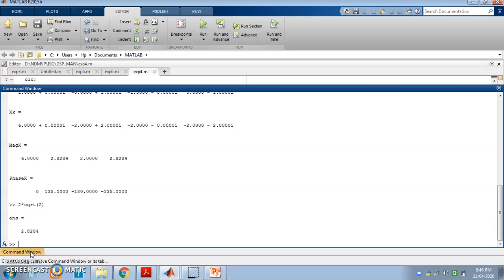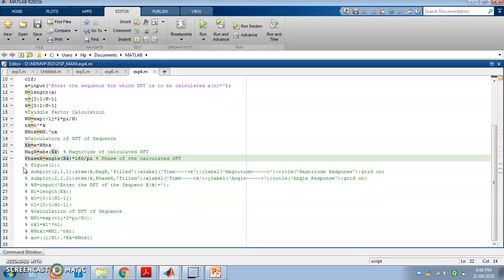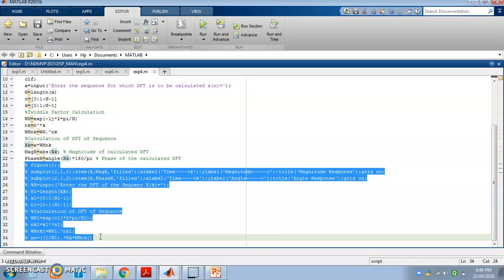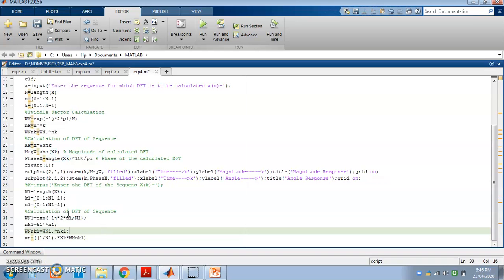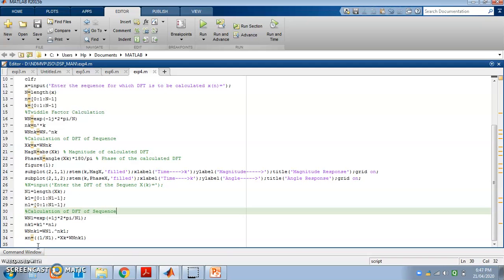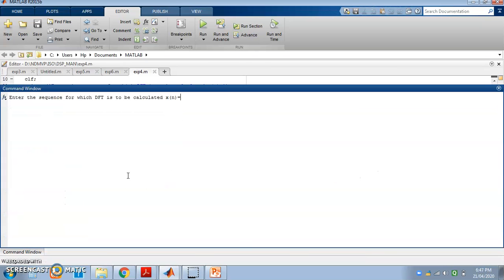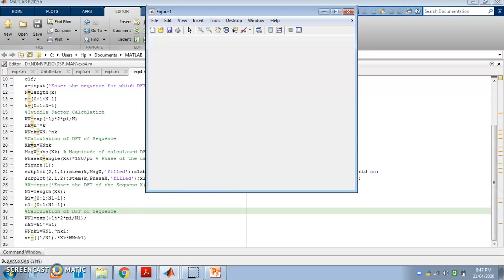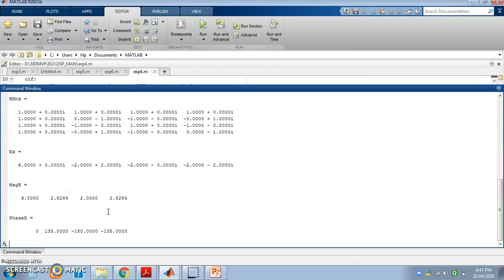Now one can plot the same sequence in MATLAB. The next part is simply for plotting and implementing the IDFT in MATLAB in the same way as the DFT. The same logic is there, only the formula needs to be replaced by the IDFT. So here I can enter the sequence and I get the command window.